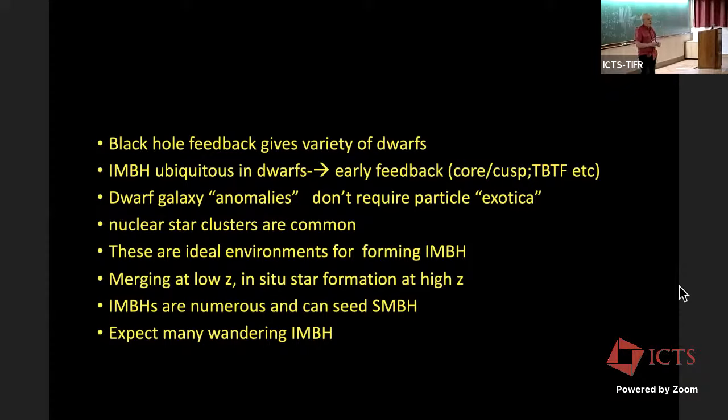Many things like this. And what I will argue, I'll discuss this very briefly, but I want to emphasize now, is that because of the complexity, not just of forming stars, which then explode if they're massive, also having central black holes with all their feedback, there are no more anomalies in dwarf galaxies for which you need to invent some bizarre type of particle, such as fuzzy dark matter or something.